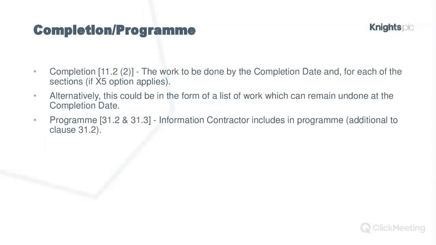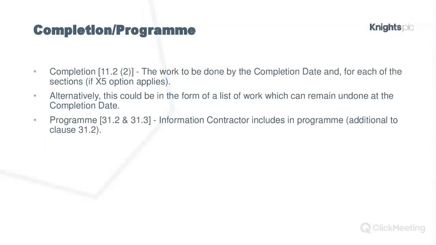So that's really important, because obviously you don't want to find that you're paying delay damages because you thought you only had to complete certain elements of work, and some parts could be completed post completion, but that wasn't the case. So just be really careful about that.